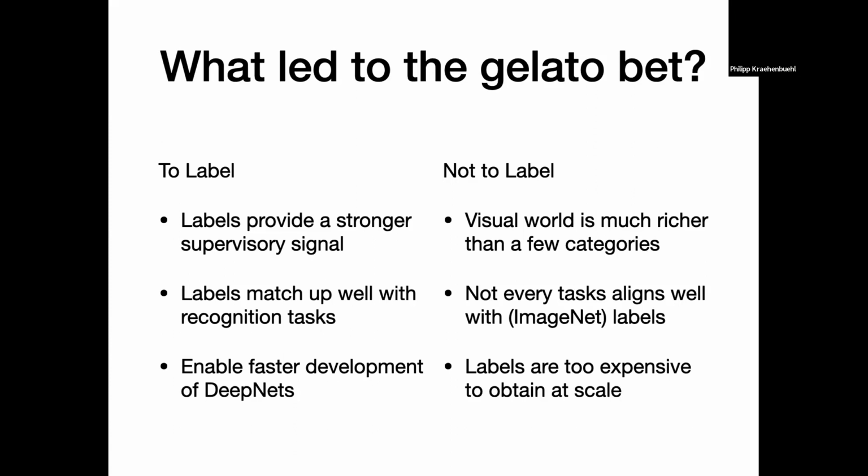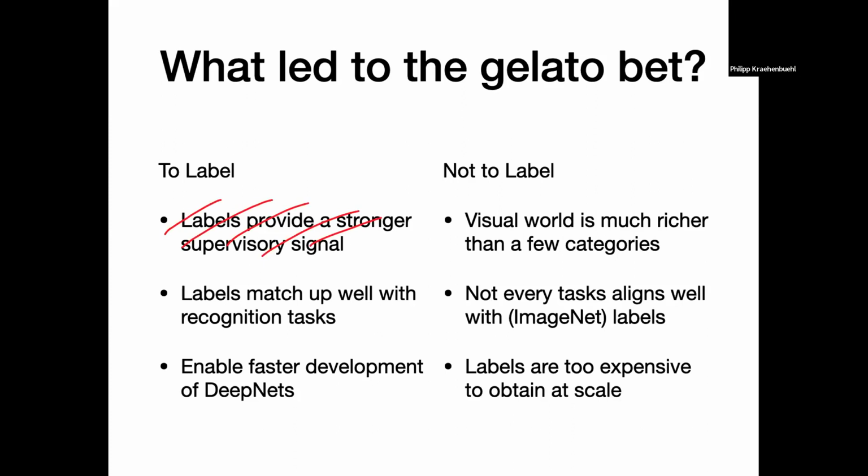Now, if we go through this list, you can see that the arguments for labels actually didn't age very well. Labels provide a stronger supervisory signal. Well, in retrospect, that is not really true anymore. We have pretty good self-supervised learning methods.